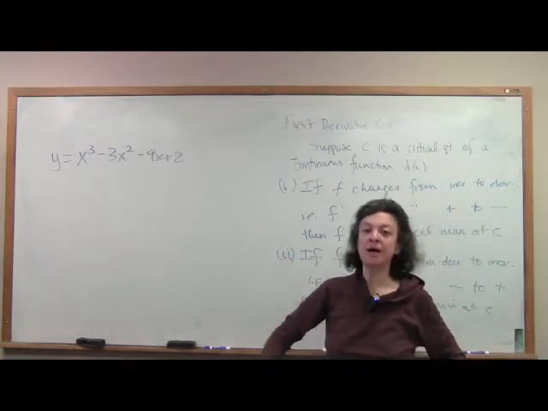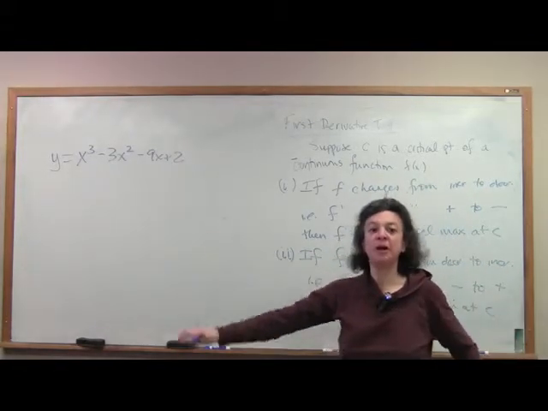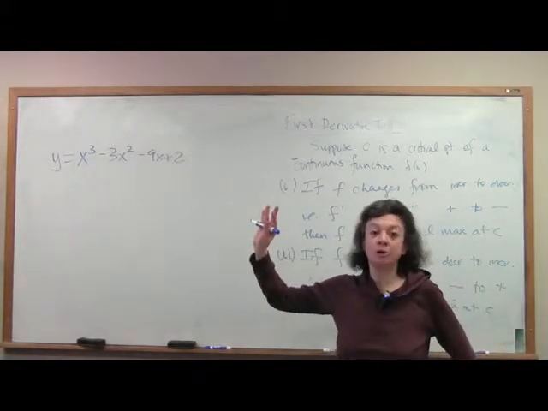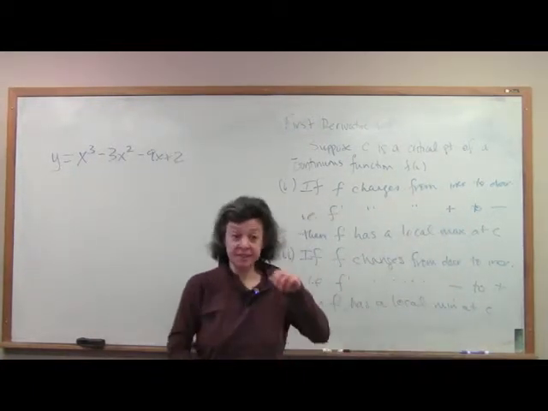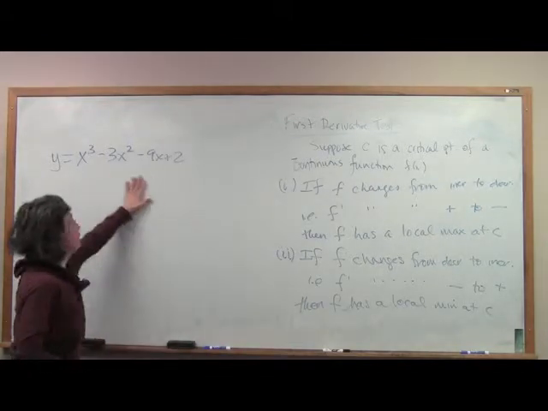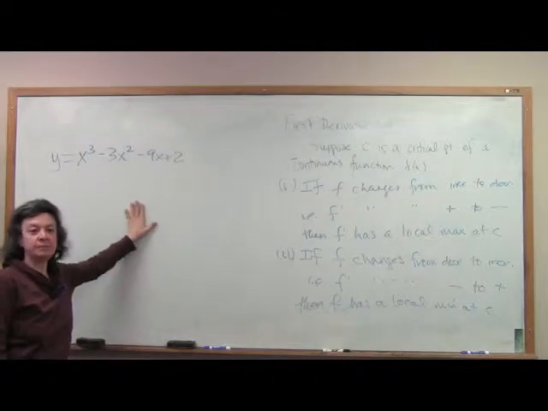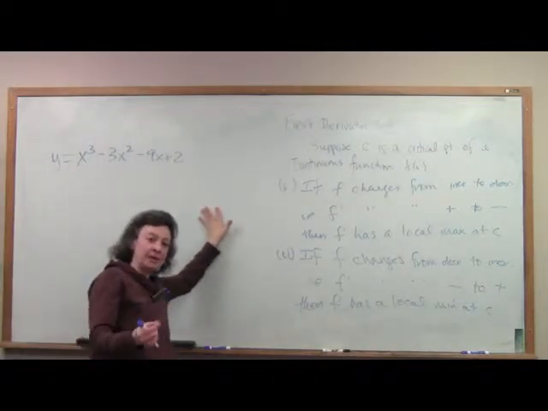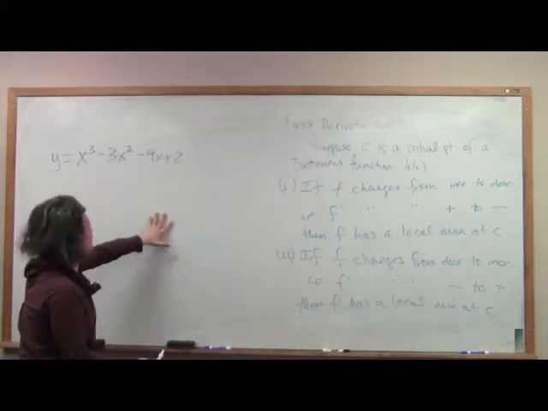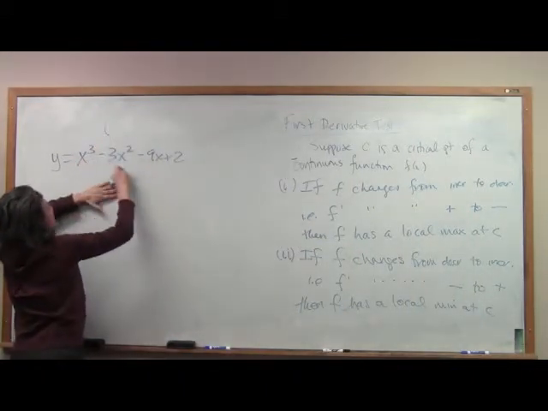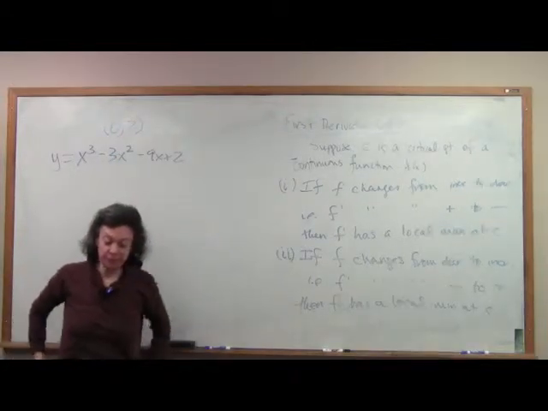So from my algebra, I know that as x gets very large and as x gets very small, one arm is going to go up and one arm is going to go down. Another thing that I always do when I have polynomial functions is find my y-intercept. That's a really quick point that we can get because plugging in x equals 0 is not a difficult step. For example, if I plug in x equals 0, I think you'll grant me that 2 comes out.